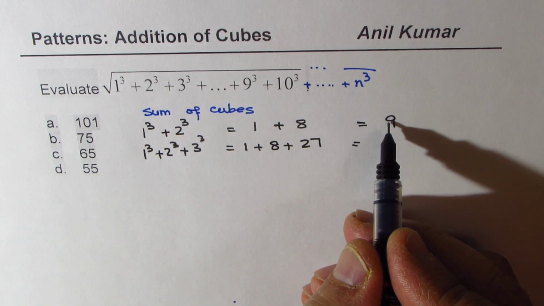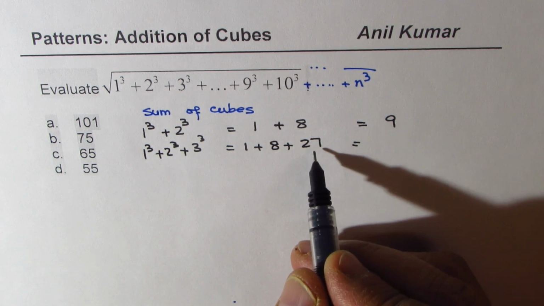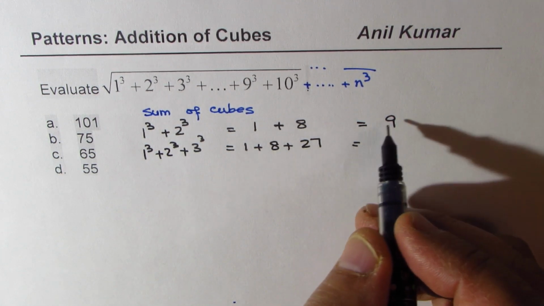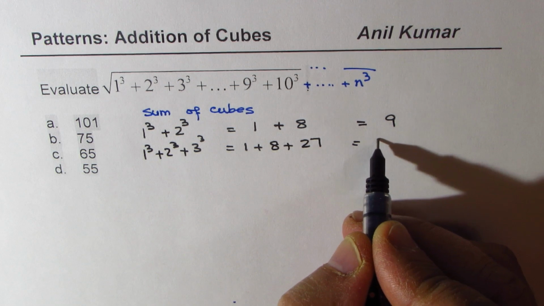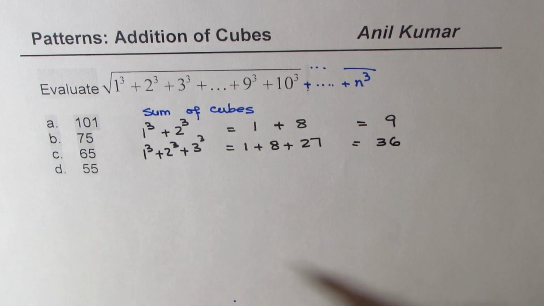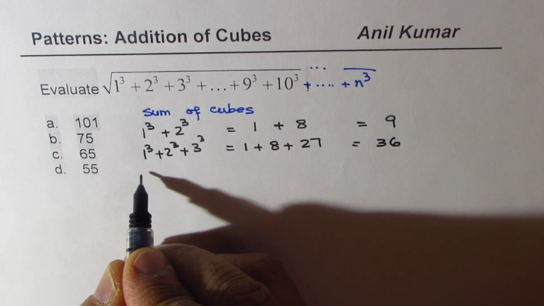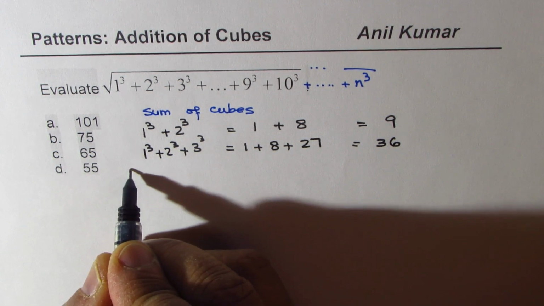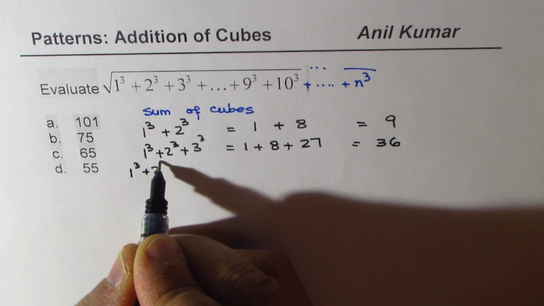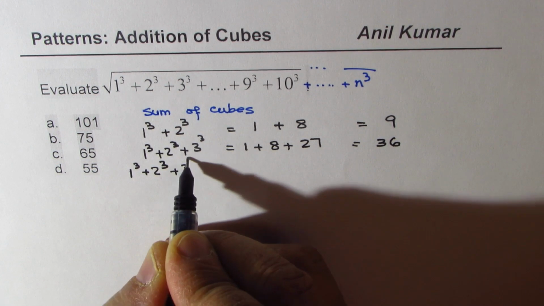So that means to 9, I have to add 27, correct? So 9 plus 27 is what? 36.